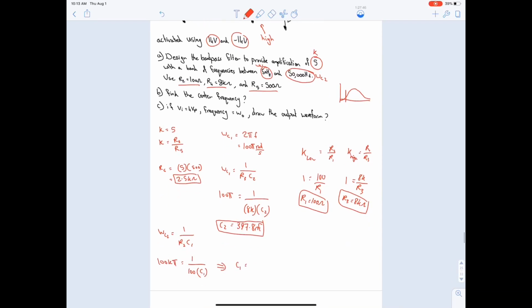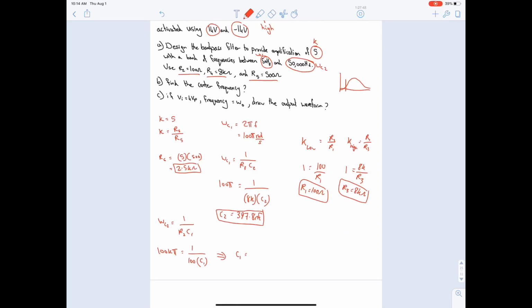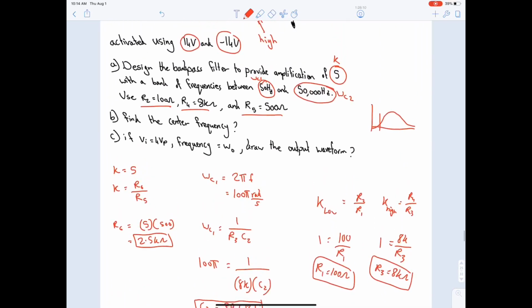Low is C1 over R2. C1 R2, yes. So okay, C1, okay, no, I haven't done a mistake, it's correct. The answer is 3.18 microfarad. Okay, so I have found all the unknowns.